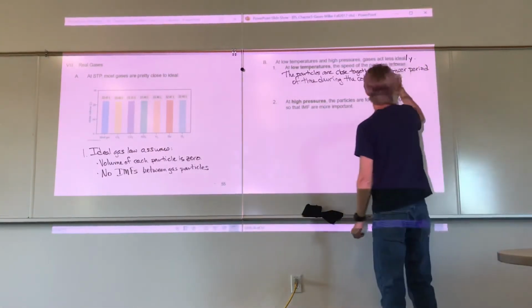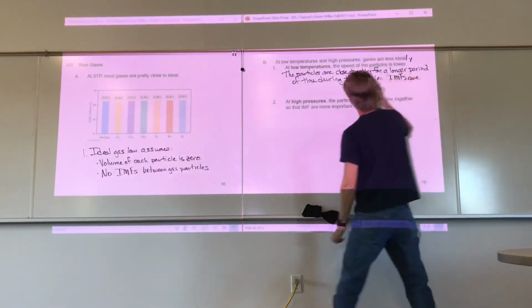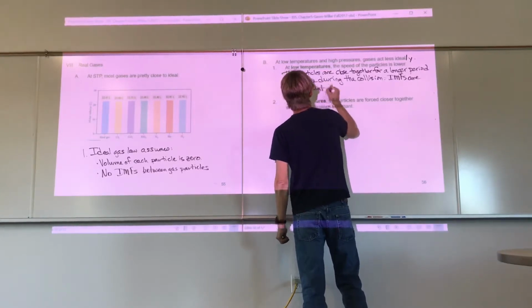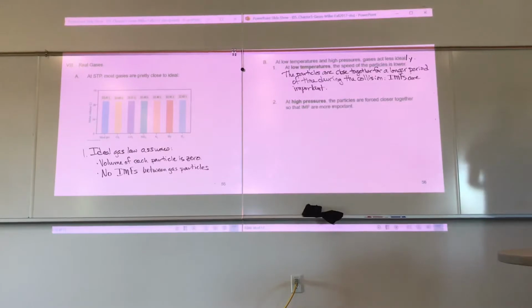And now IMFs are keeping the molecules attracted to each other. These are attractions between the different particles.